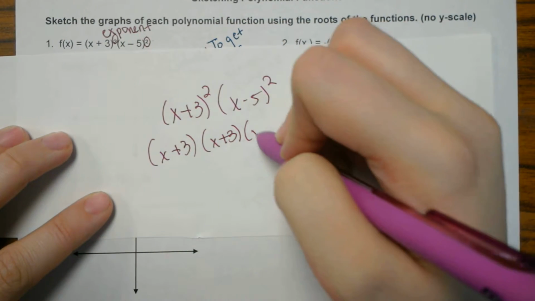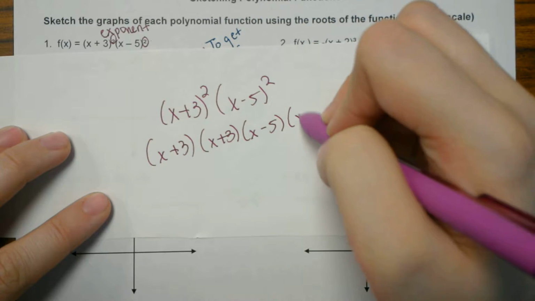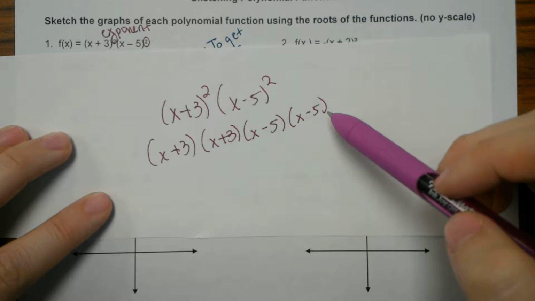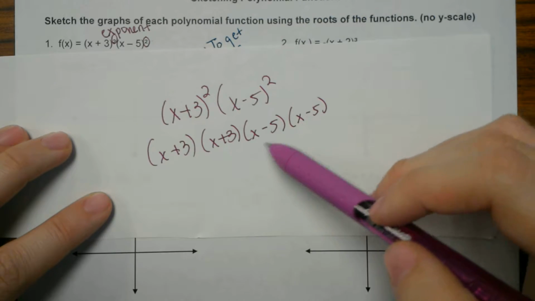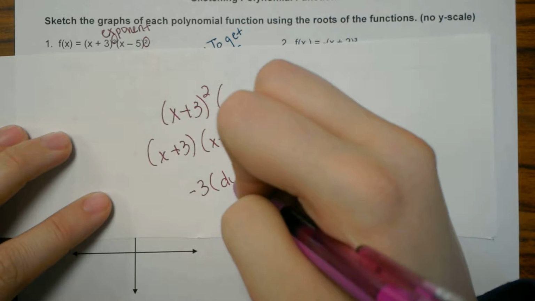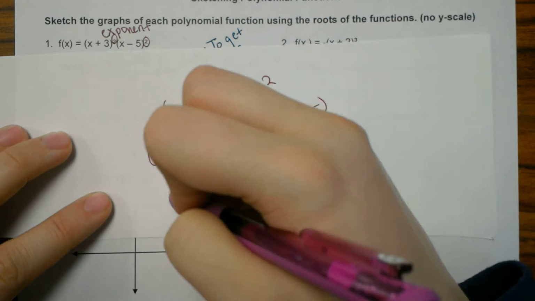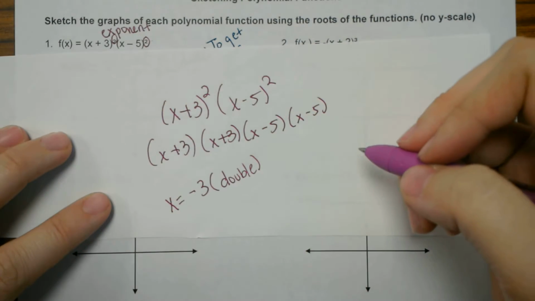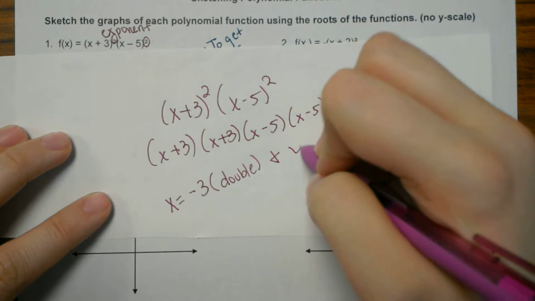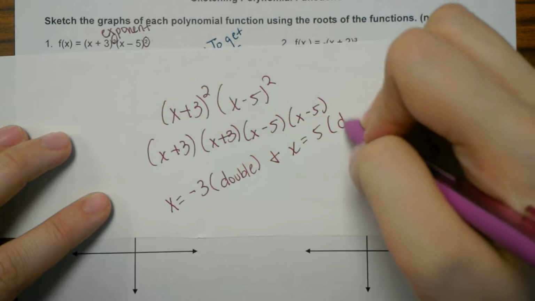And if I square x minus 5, that's x minus 5, x minus 5. And so I have 4 roots, but 2 of them are repeated. So x equals negative 3 is a double root, and x equals 5 is a double root.